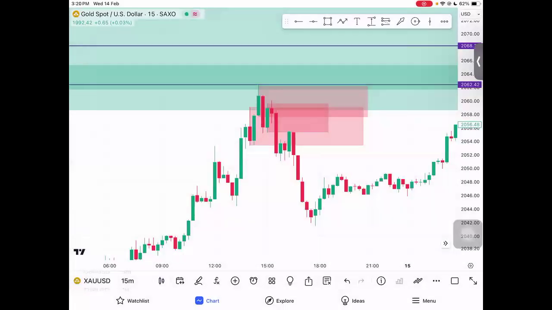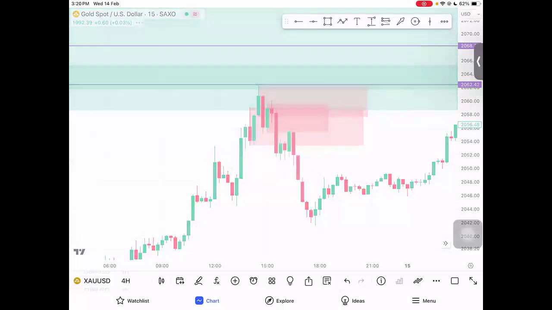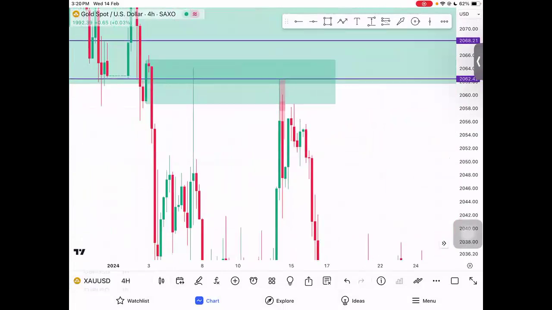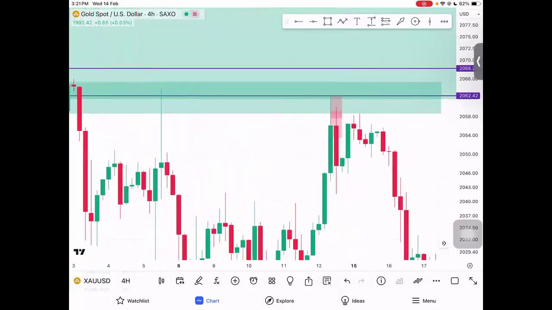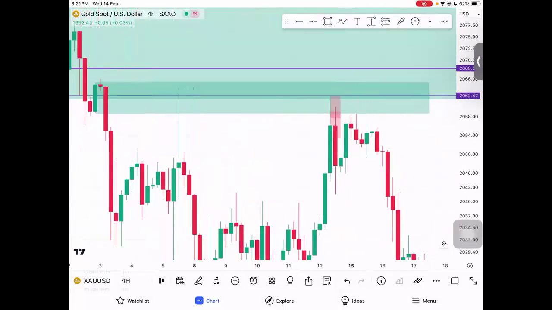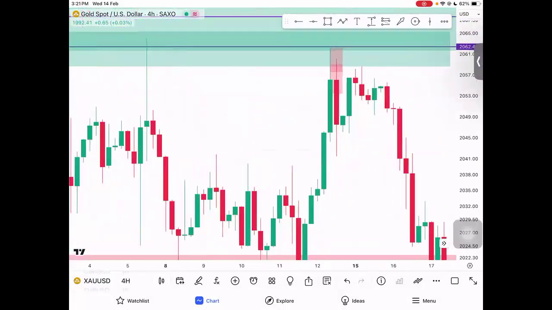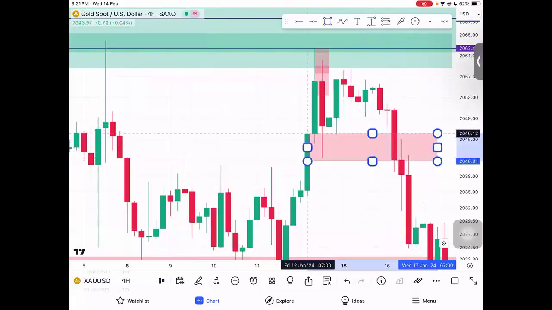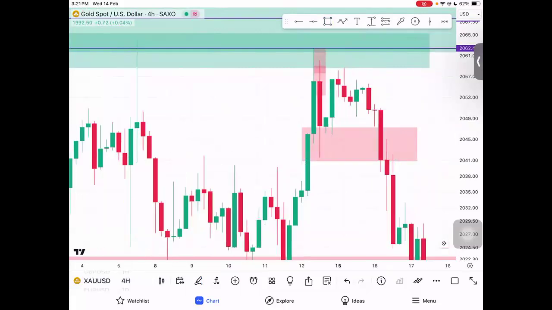So from H4, then we go to H4. Because we don't have any zone inside here, this is considered dominant zone.